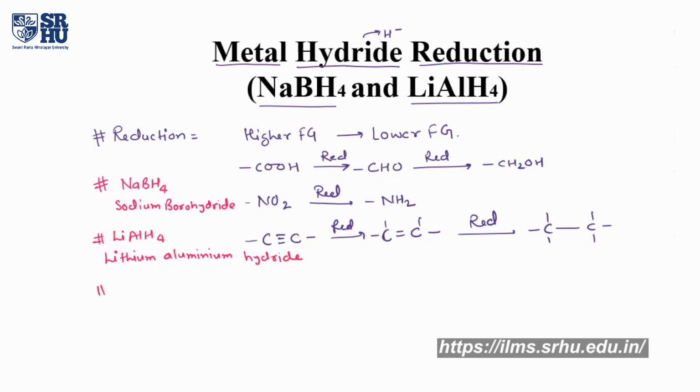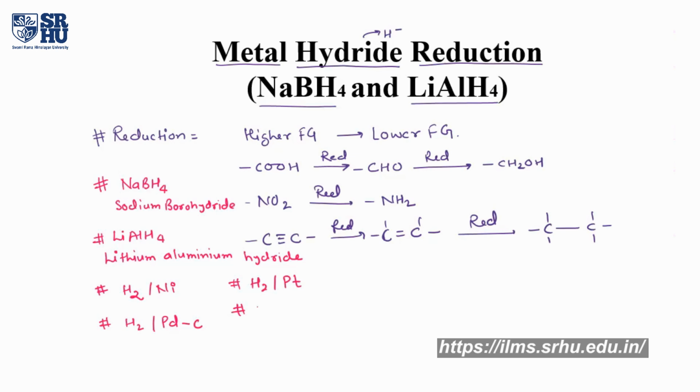The third reducing agent is hydrogen gas in presence of nickel catalyst. The next reducing agent is hydrogen in presence of palladium and carbon. You can also use hydrogen in presence of platinum catalysts.